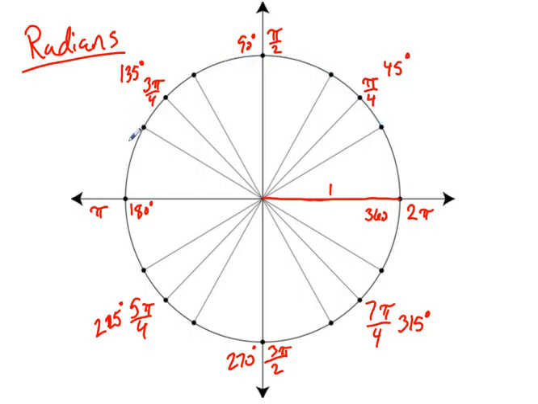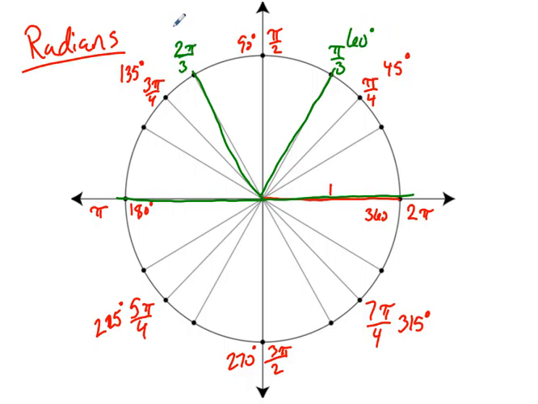To get the other measurements, let's cut our pi into thirds. So here is 1 pi. I'm going to cut my 1 pi into thirds. That means I'm cutting it at the 60 degrees. So pi over 3 is our 60 degrees. 2 pi over 3 for 120. 3/3 is actually already there.